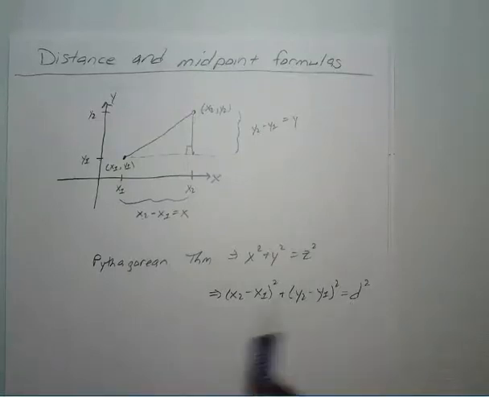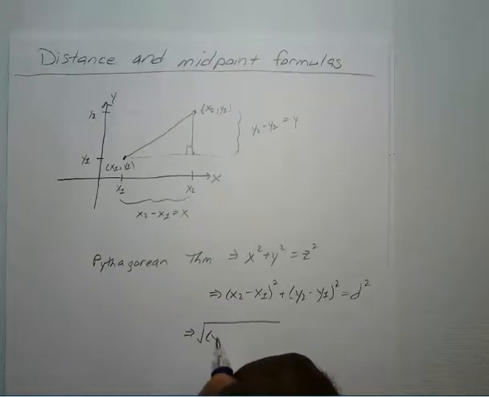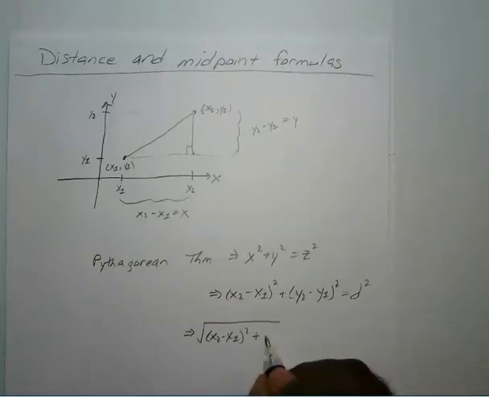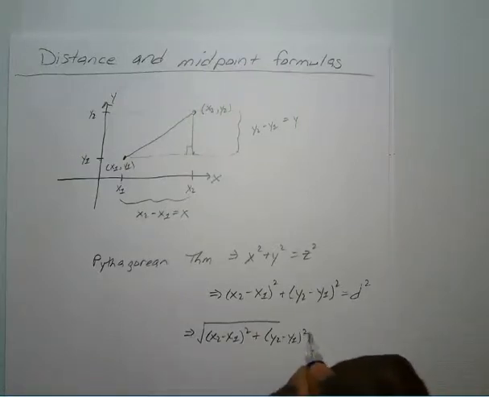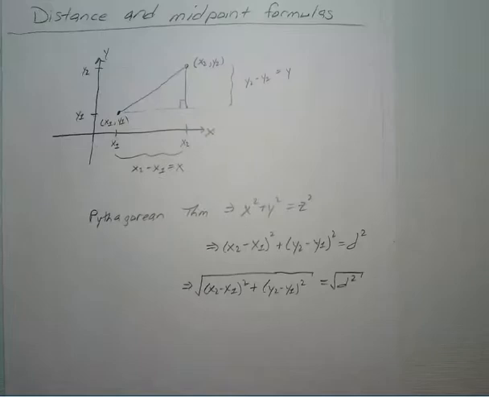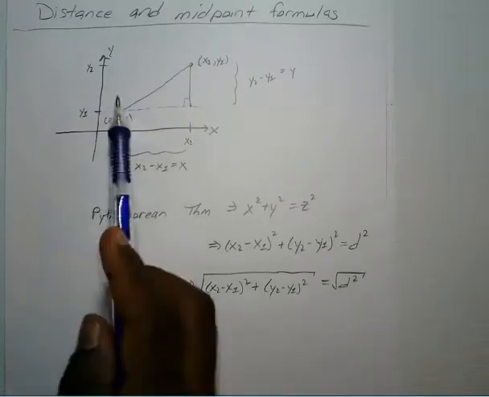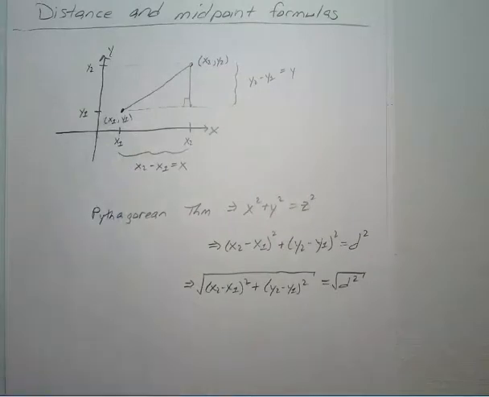So if we square root both sides, we end up with the square root of x2 minus x1 squared plus y2 minus y1 squared, which equals the square root of d squared, or our distance squared. Now normally when we square root it, we use a plus or minus, but your distance will never be negative, so we don't need the minus.